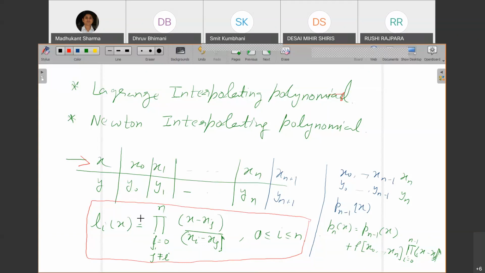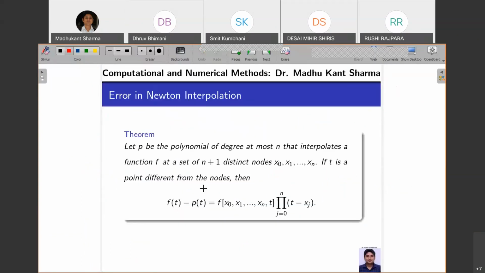Yes, that can be given. Let P be the polynomial of degree at most n that interpolates a function f at a set of n plus 1 distinct nodes. If t is a point different from the nodes, then f of t minus p of t is equal to the following.